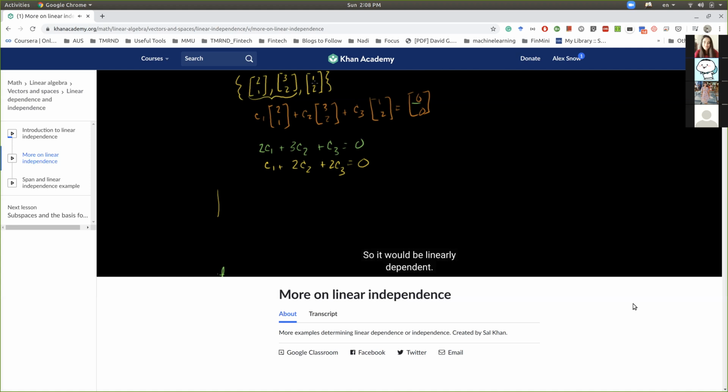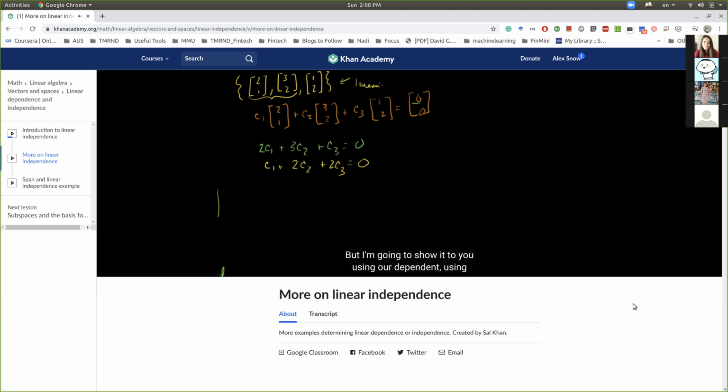So it'd be linearly dependent. And if these aren't linearly independent, then they're just multiples of each other, in which case this would definitely be a linearly dependent set. So when you see 3 vectors that are each only two-dimensional vectors in R2, it's a complete giveaway that this is linearly dependent.